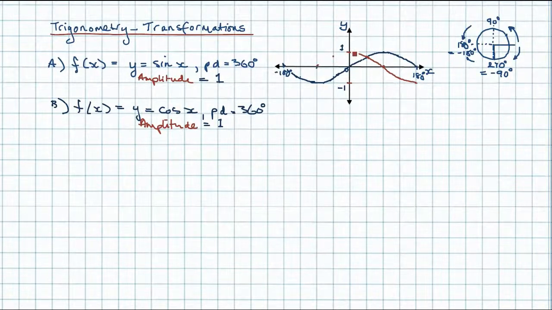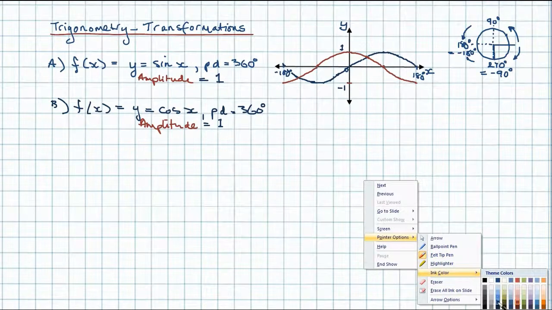So we can join up to that point there. And the cosine of -180 is the same as the cosine of 180, so it's going to be -1, like that. So that's completed problem B.